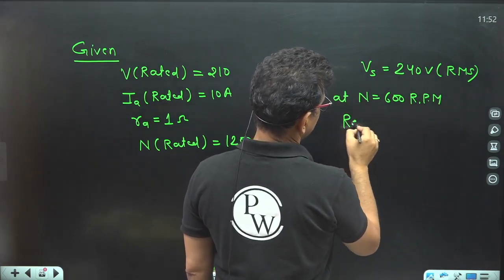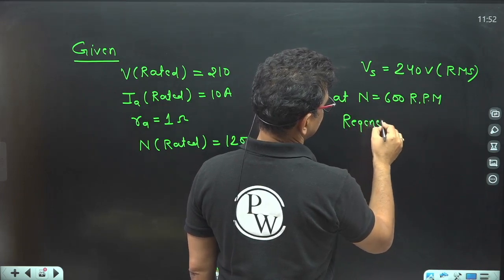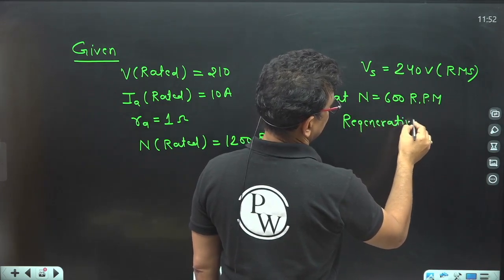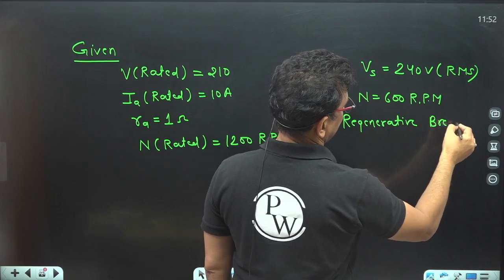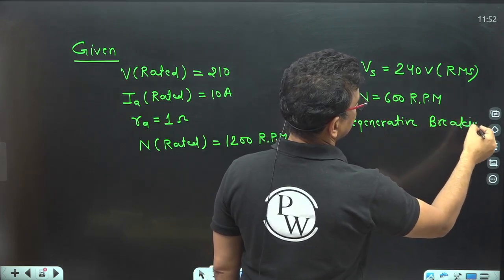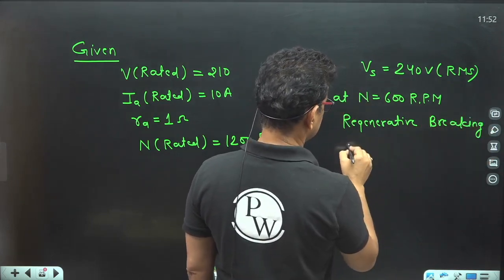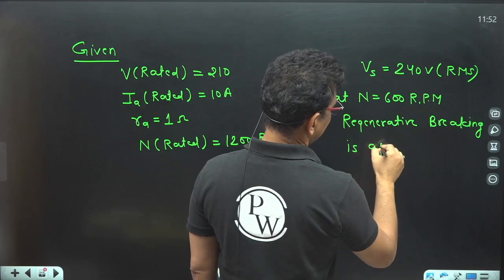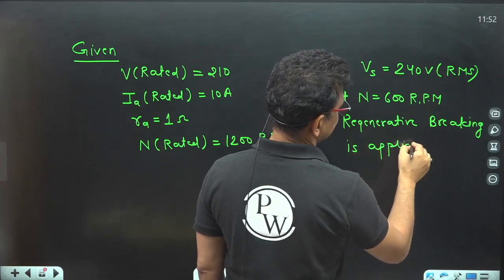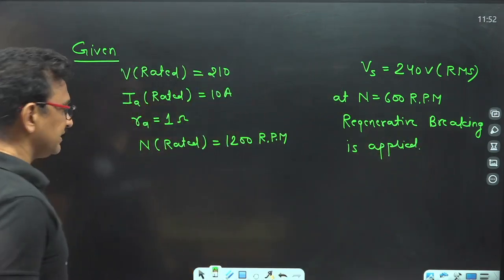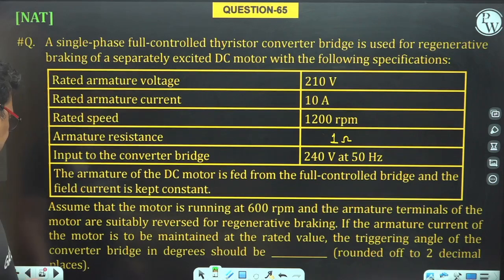When we apply the regenerative braking, the polarity of E must be reversed. Then find out the value of alpha.